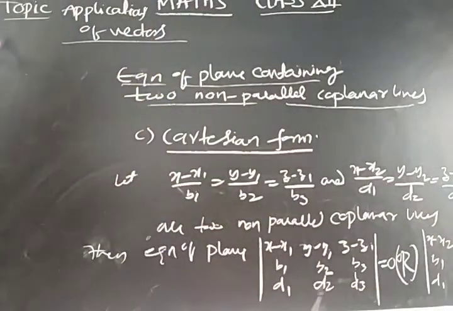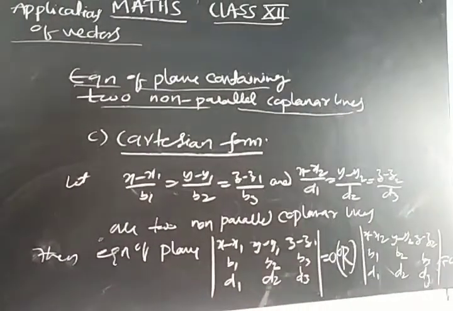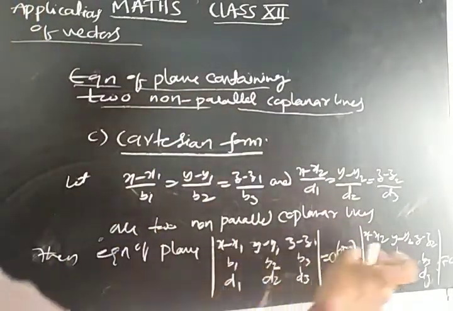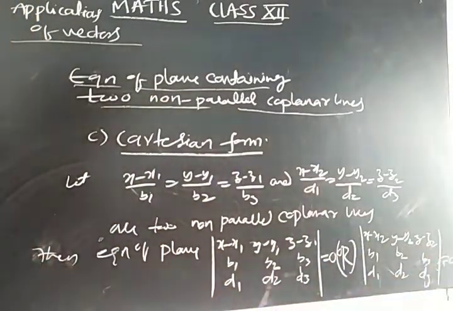The determinant should be equal to 0. You can use any one of the formulas, both are the same. In place of x minus x1, you can write x minus x2, y minus y2 also.